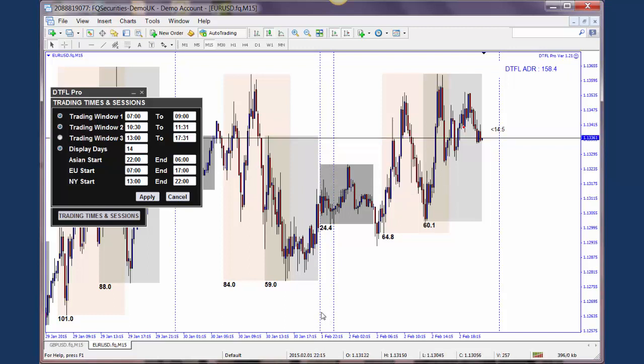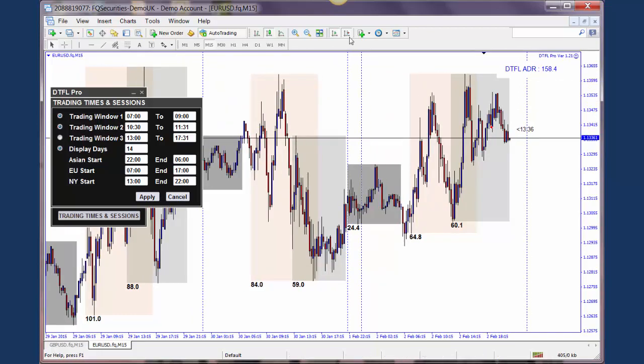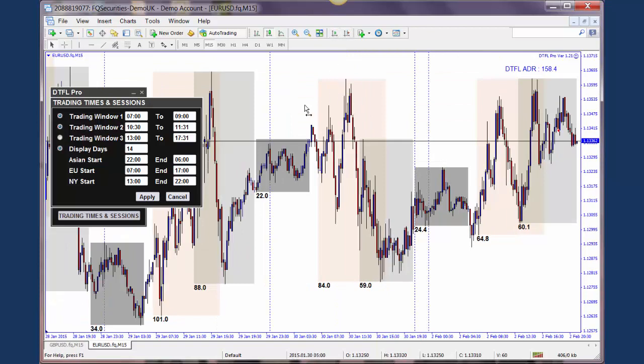This is a Sunday going over to Monday. 2200 going to midnight. That's Sunday trading. Then it goes on to 6 a.m. in the morning, and there's an hour's gap. 7 o'clock is the start of the London session. The London session goes on here to 1700, and the New York session starts here at 1300 and goes on to 2200. Let's just turn that off a bit and go back, and you can see that.